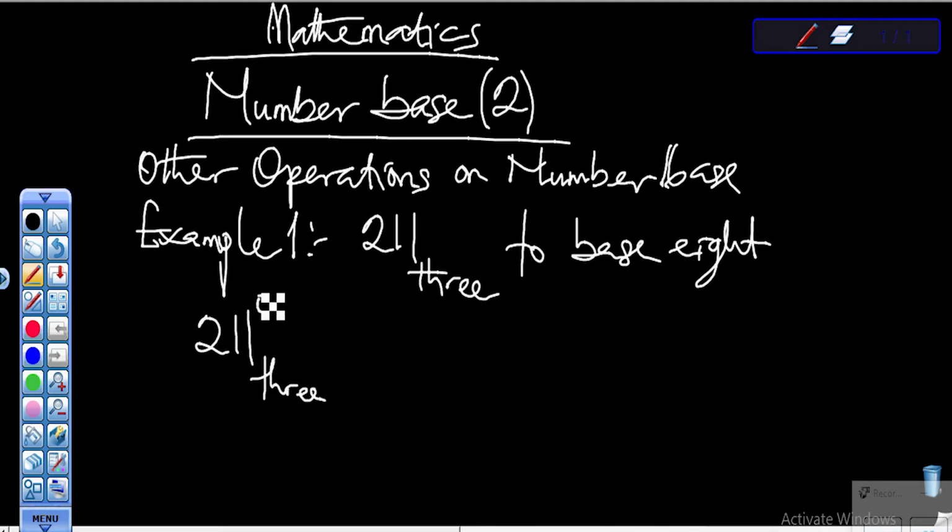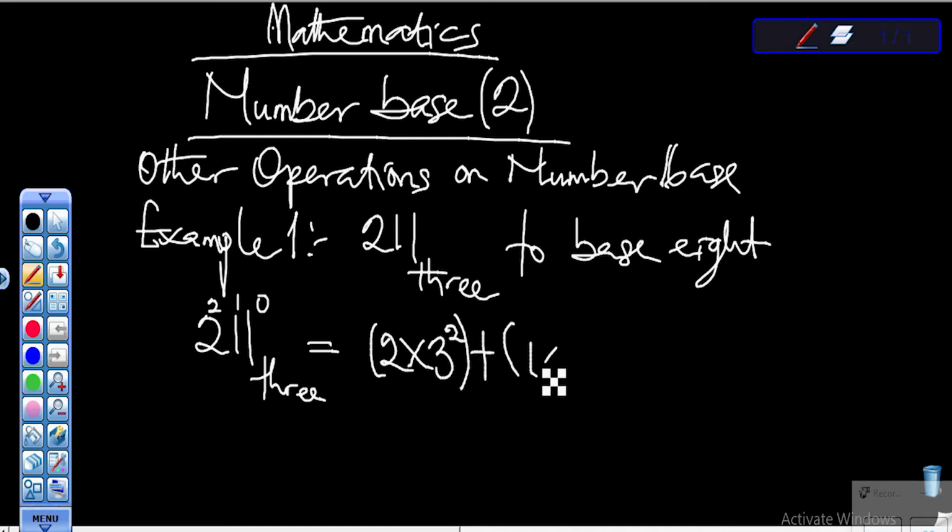Using the powering system 0, 1, and 2, that will give me 2 times 3 raised to the power 2 plus 1 times 3 raised to the power 1 plus 1 times 3 raised to the power 0.